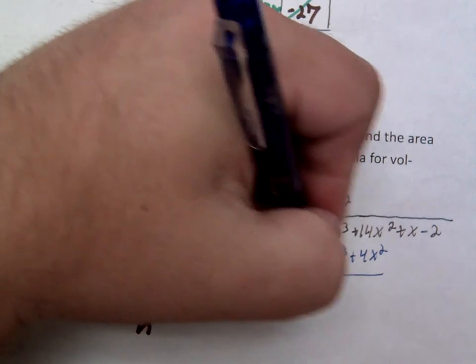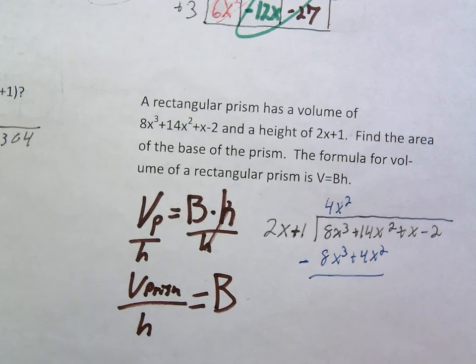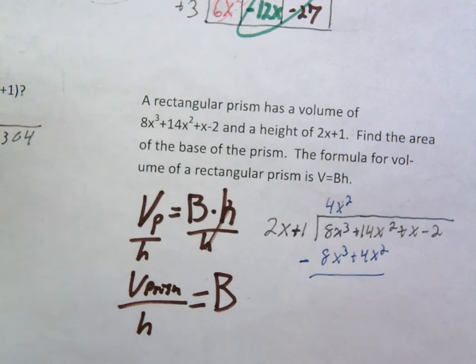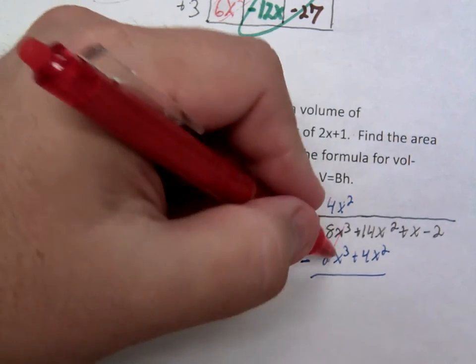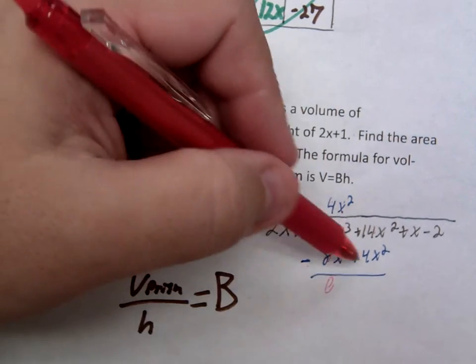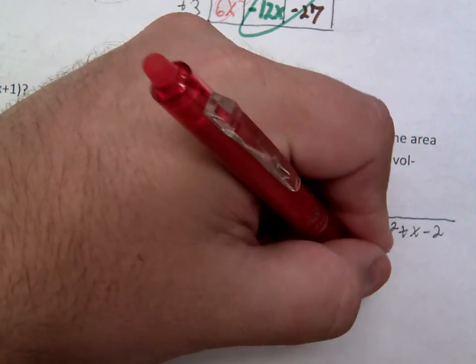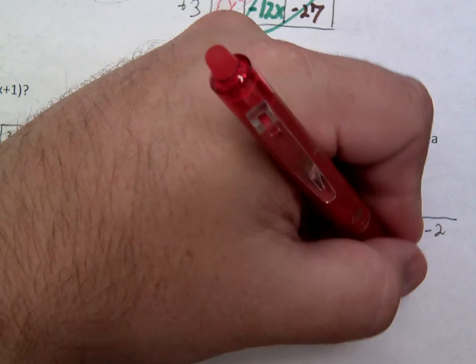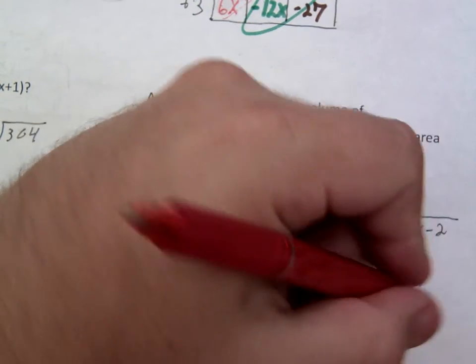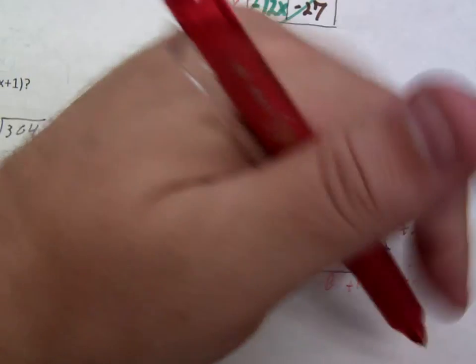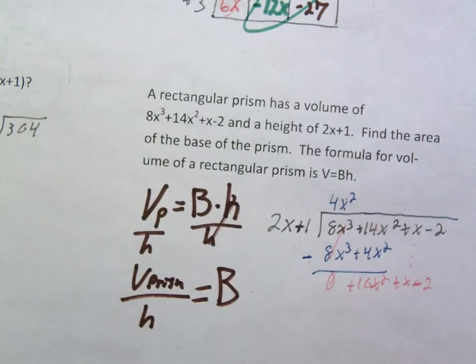We're going to subtract that. And when we do, the 8x cubes are just going to go to 0. 14 minus 4 is a positive 10x squared. And then everything else drops down, the plus x and the minus 2. Got ahead of myself there, I suppose. All right, great.